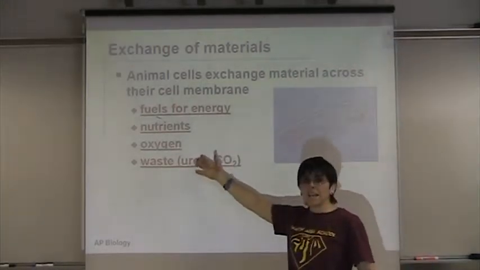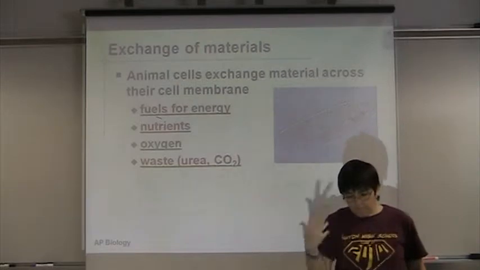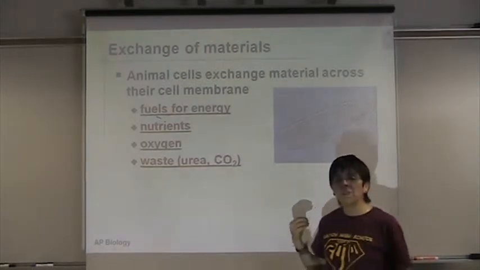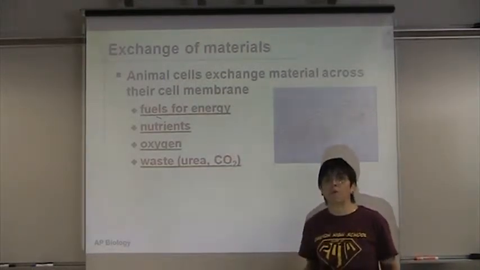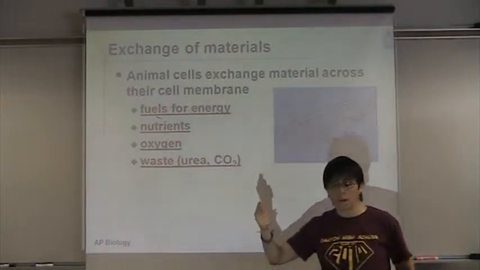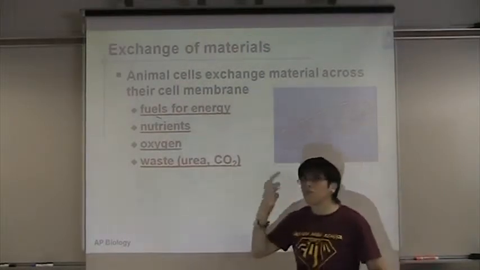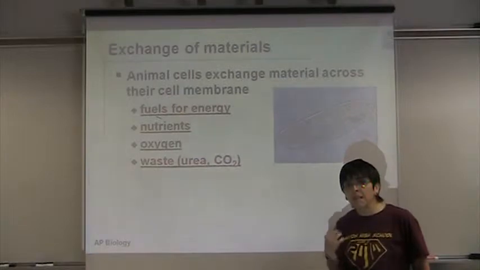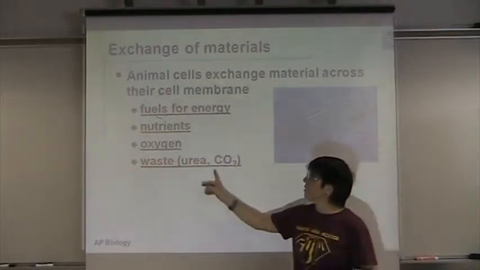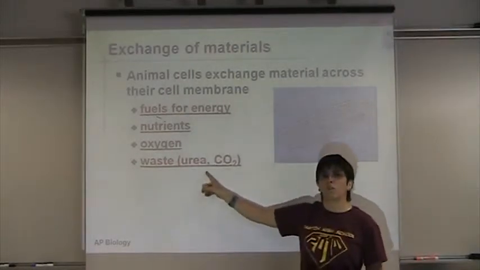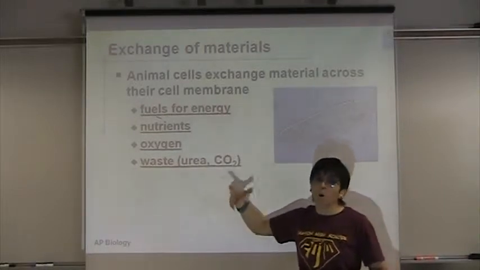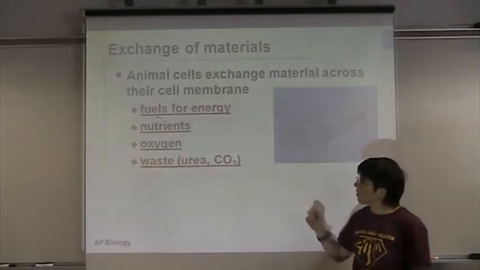And from any metabolism, any process that involves any of the nitrogen compounds that we have in our body, from nucleic acids to amino acids, when you process those things and you break them down, anything with nitrogen, you're going to have a waste product called urea or ammonia, either one of those.